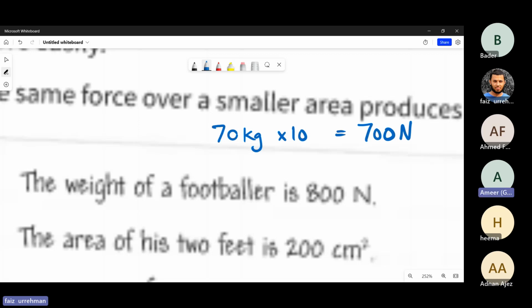I don't know. I only know in kilograms. I already told you the method. Oh, okay. 620. Okay. Adnan, what's your weight in Newton?